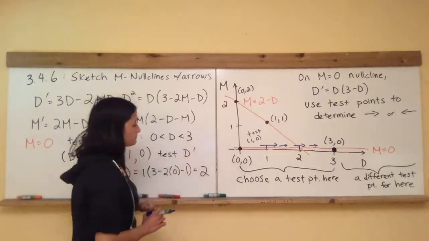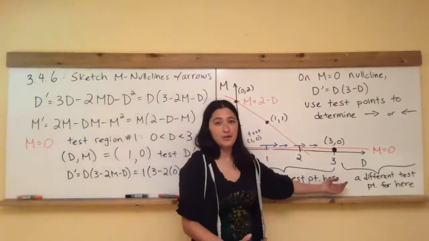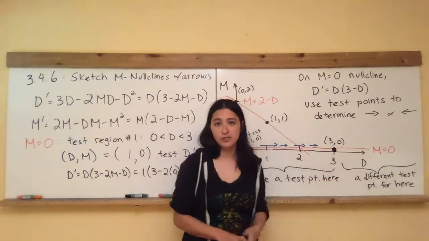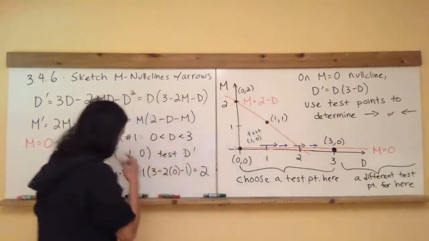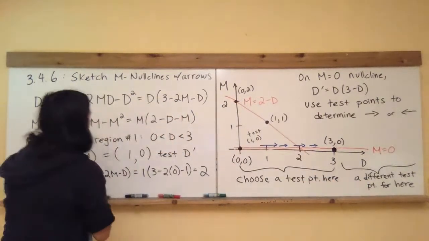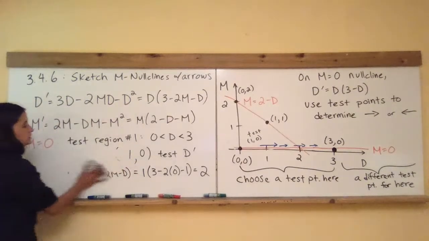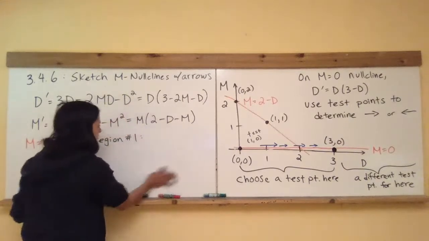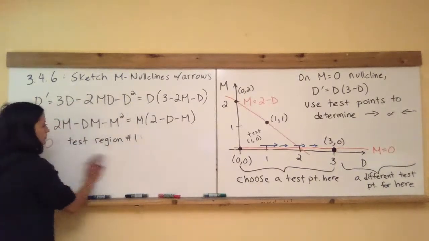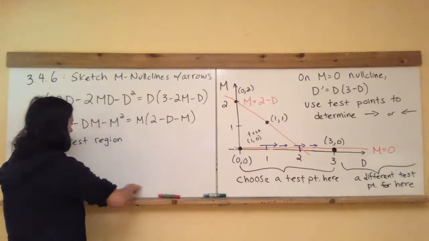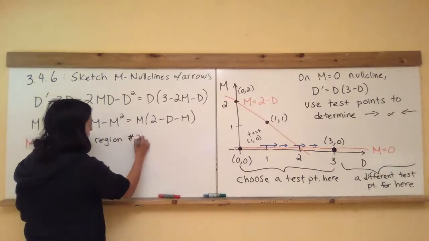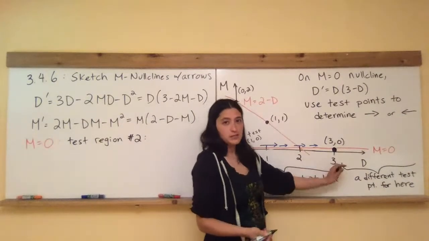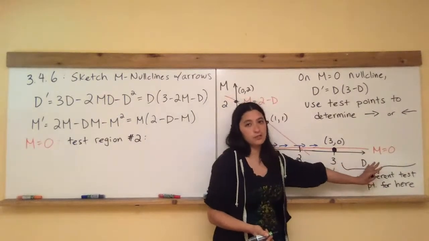And so they have the same quality: they're all pointing to the right. And guess what's going to happen when we choose a different test point for region number 2? I'll use a suggestion somebody had already mentioned, the point 4, 0, because that's on the other side of the equilibrium point. So now I'm going to test region number 2, the places where d is greater than 3.